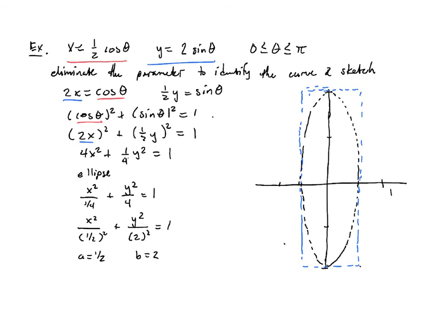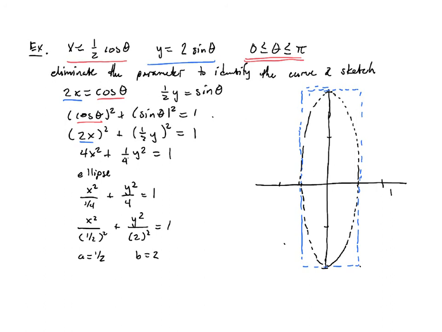Now the reason that I'm drawing the ellipse dashed is because what we haven't used yet are the limits for the theta values that we're considering. So the last thing you want to do is plot a couple of points using the theta values we've been given, to see which piece of the ellipse we actually use.